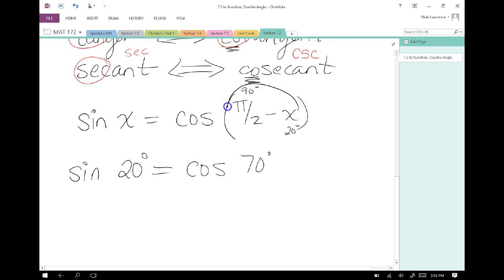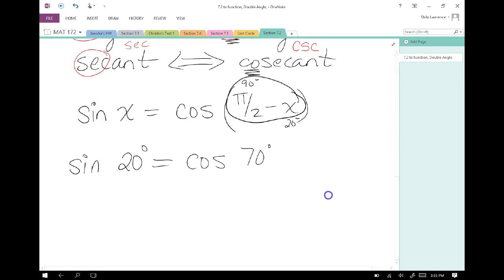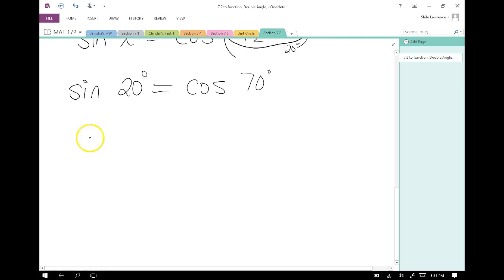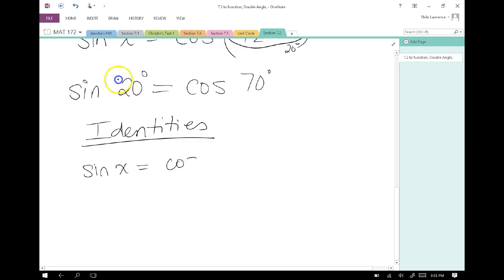So this formula just ensures that we're working with a complementary angle. And it would also work if we were doing radians, we would just use pi over 2 instead of 90. So our cofunction identities, and this is the same for all of the other pairings, the actual identities are sine of x equals cosine of pi over 2 minus x.